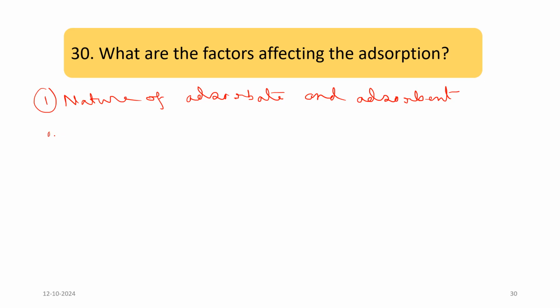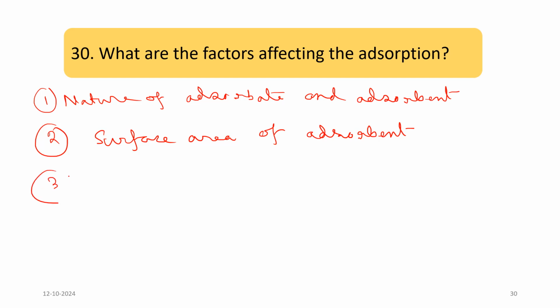Second one is the surface area of the adsorbent. The larger will be the extent of adsorption with the large surface area of the adsorbent under the given condition of temperature and pressure. Third one is the effect of temperature.